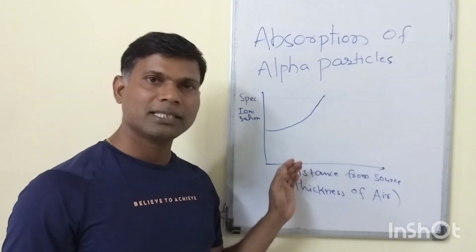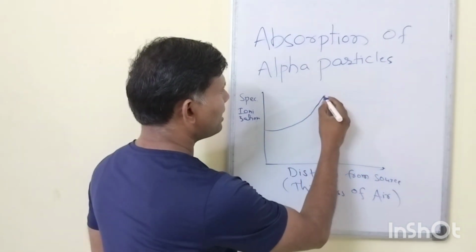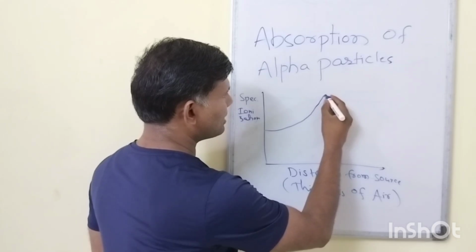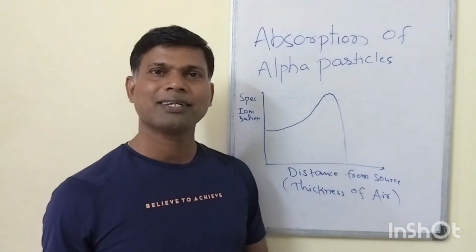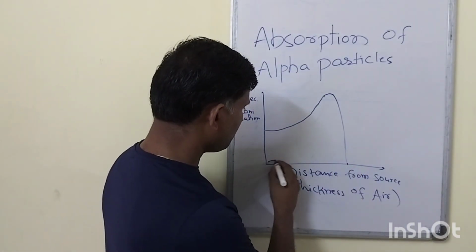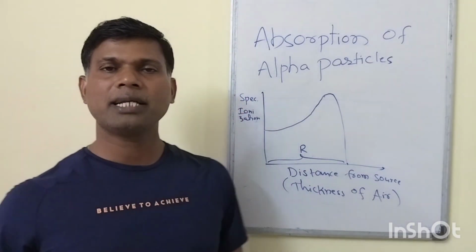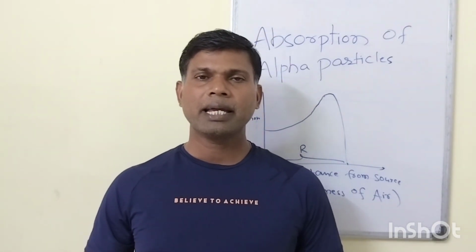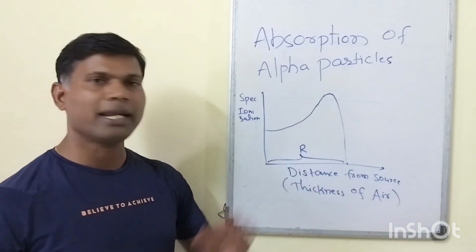After reaching some particular distance, what happens here? The graph forms a peak and suddenly drops like this. This distance from here to here is the range of the alpha particle in the air, because I have taken the medium as air.